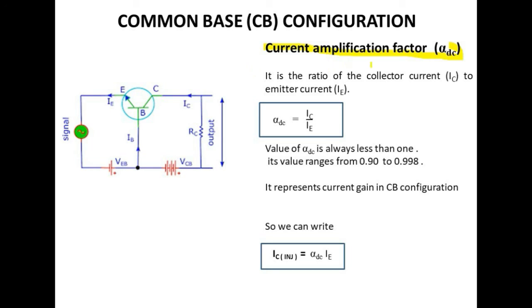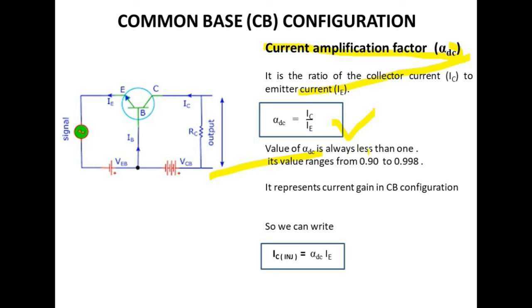So now we can define the current amplification factor alpha DC as output current upon input current. In common base configuration, the output current is the collector current and the input current is the emitter current. So the current amplification factor is defined as the ratio of collector current to emitter current, that is alpha DC equals IC upon IE.